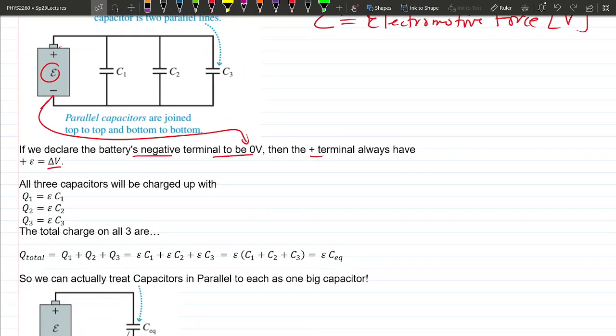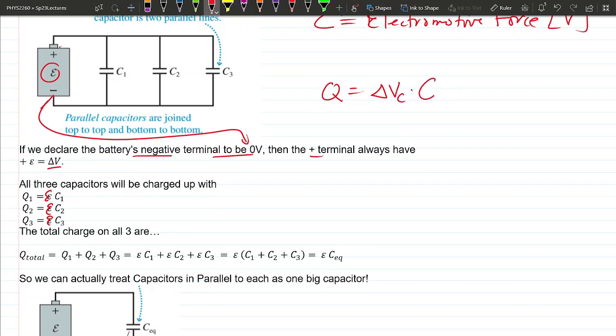So when you hook this little battery up to all 3 capacitors, the equation that governs how a capacitor behaves is that the charge is equal to the change in voltage across that capacitor times the capacitance.